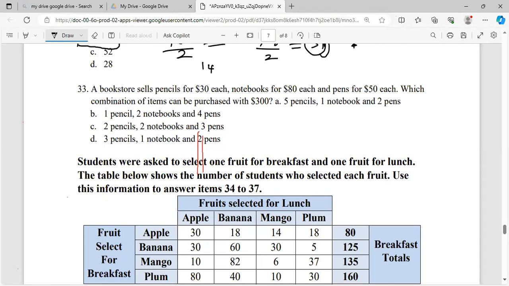Pencil costs $30, notebook $80, and pens $50 each. Which one can give you exactly $200? We did one like this yesterday.